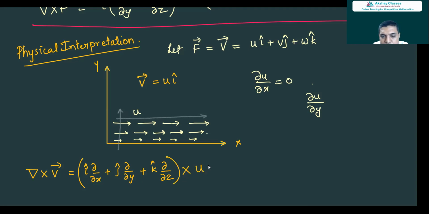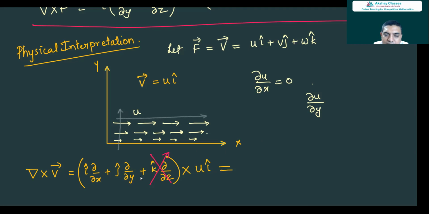When I cross it over i, now i cross i is 0, and of course I am considering only the plane, so I am not considering fluid flow in three dimensions. So this term I omit, and I just have this. i cross i will give me 0, but j cross i will give me minus k.